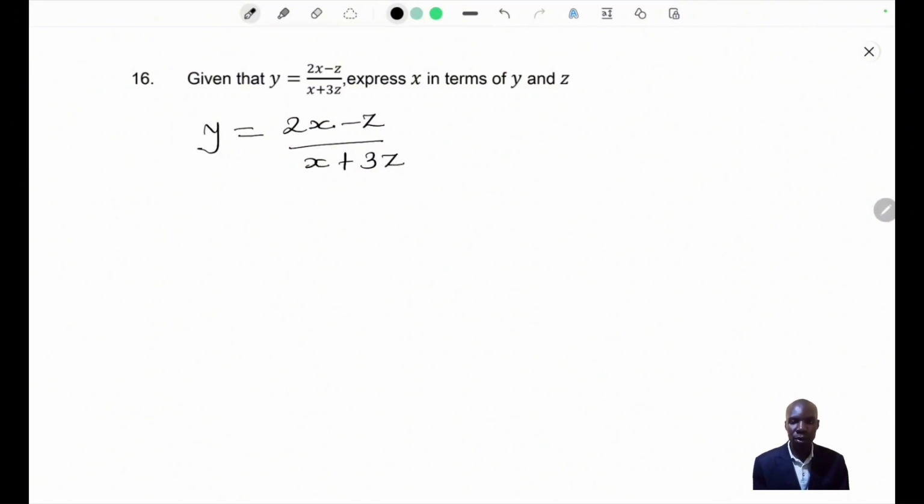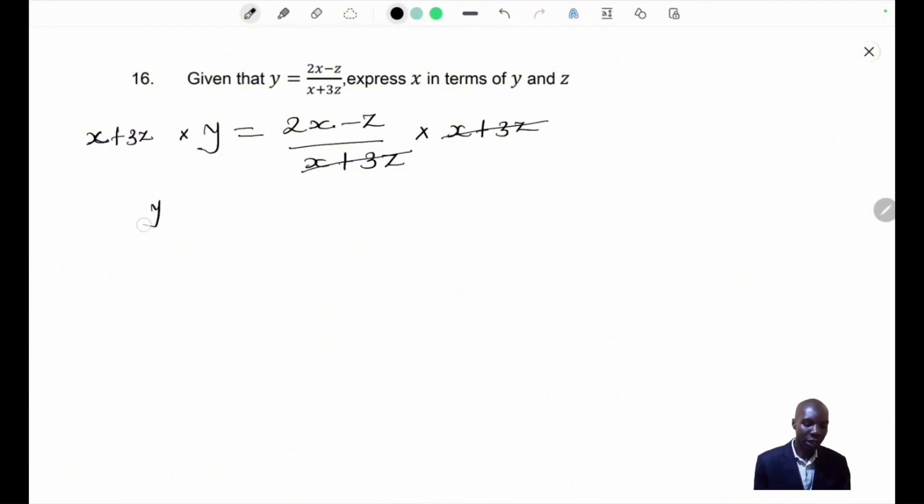So the first thing that we can do is to do away with the denominator by multiplying both sides with the denominator, x plus 3z. So this one will cancel with that.